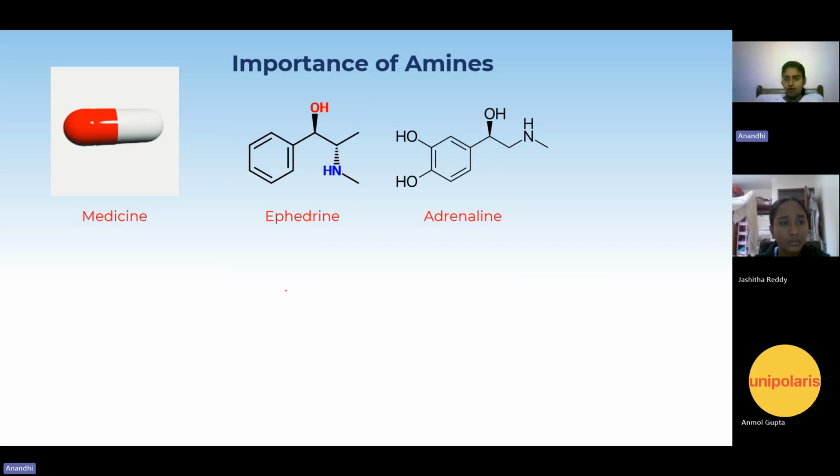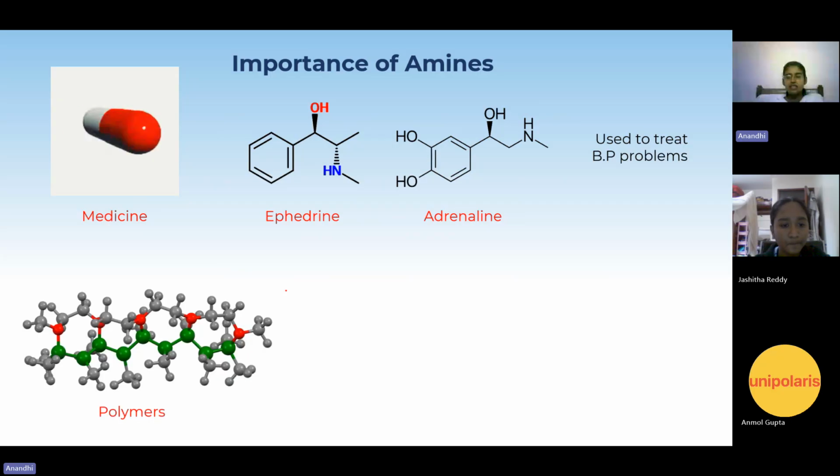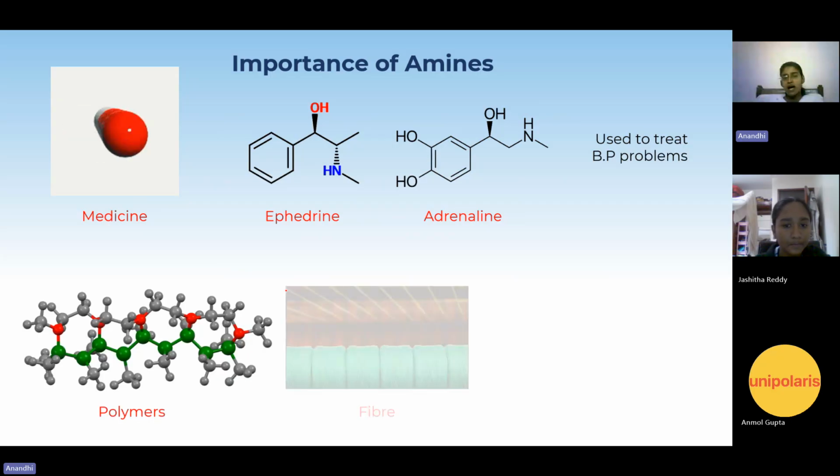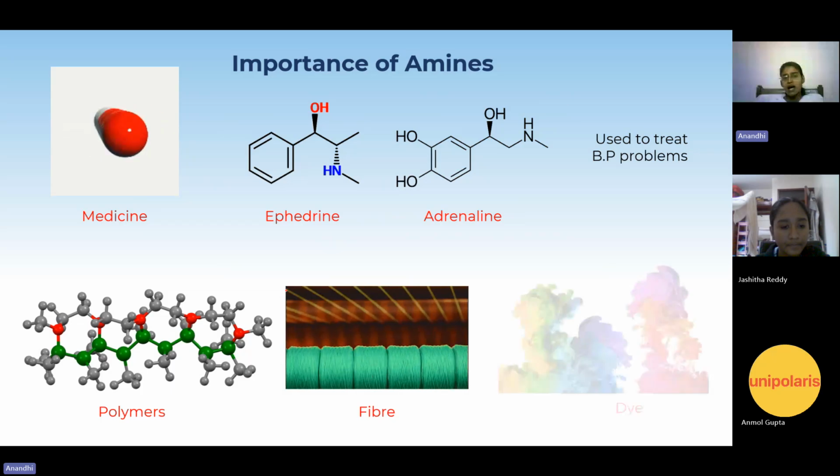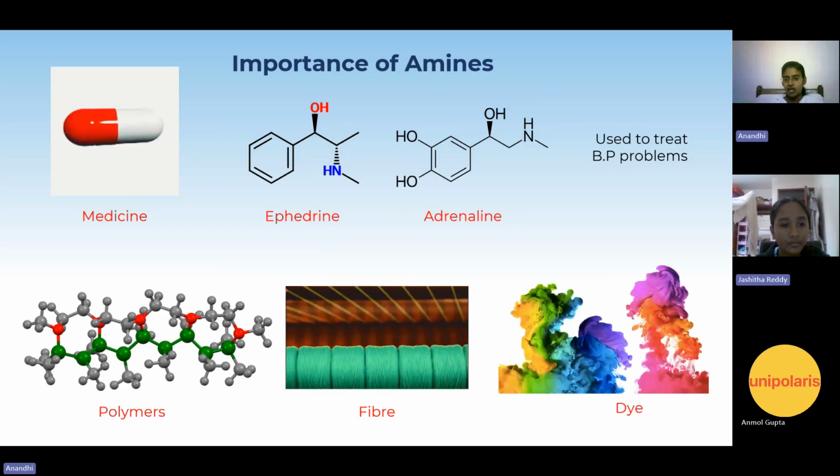It is used to treat blood pressure problems, so amine group containing compounds are present in blood pressure tablets. Also it is used in the polymeric industry where we make polymers from monomers, in fiber, and also in the dyeing industry. Understood?